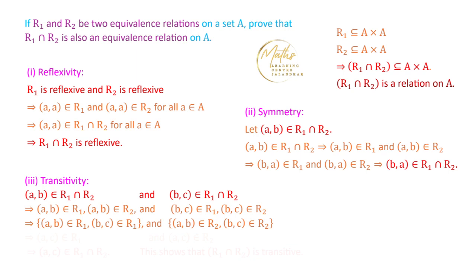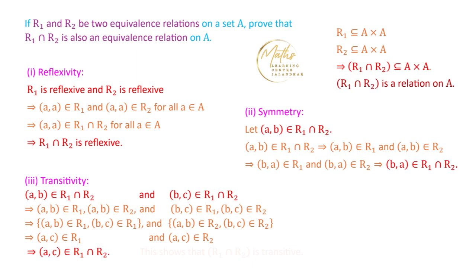Now R1 is an equivalence relation, so it is transitive. It means that we obtain (a, c) belongs to R1. R2 is transitive, so this implies that (a, c) belongs to R2. So what we have obtained here is that (a, c) belongs to R1 and (a, c) belongs to R2. It means that (a, c) will belong to the intersection of R1 and R2.